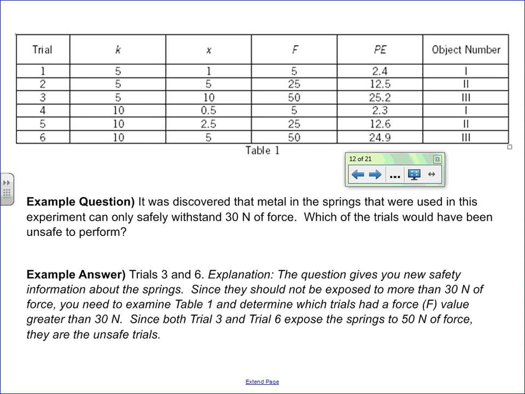Nice. And newtons would be which column? F. All right. We know that force is measured in newtons, so we're looking at any of the force column that is greater than 30. Are there any where the force is greater than 30? Which two? Trial 3 and F. Nice. Both of those 250s are above 30. Those are unsafe trials to perform.